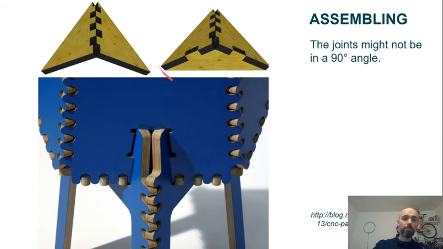So you need a third part perpendicular to both that could be properly glued along a pretty wide surface. So this is very important. In general, 90 degrees angles are the easier, but if you want or you need to do something different, it's not a big deal. Keep in mind you need to add a third piece that goes between the two and makes the connections resistant.